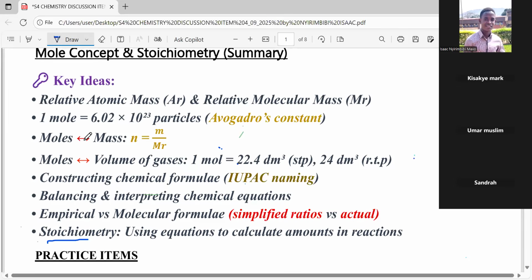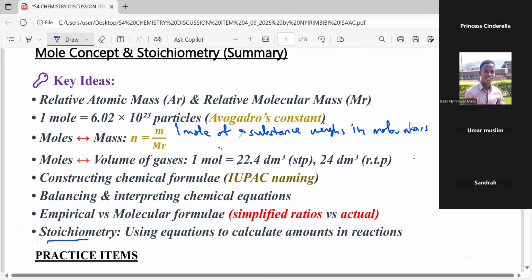Okay, there's this thing which I believe we all know about 1 mole. 1 mole of any substance weighs its molar mass. I want to first confirm whether we know that one.